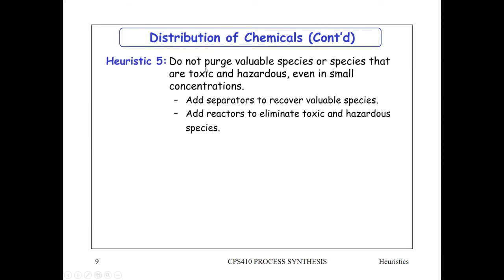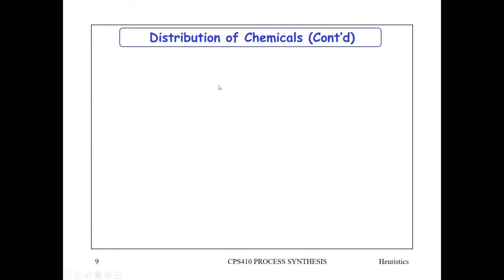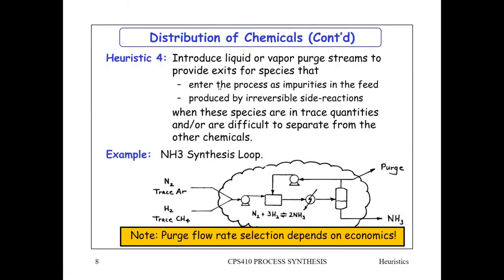So when I say purge, it means, let's just go back to the previous slide. It means that don't put that into the flare. So you need to purge to get rid of it from the loop. But instead of this being the purge, the one that goes to the flare, you will try and recover the hydrogen, as I was talking about.